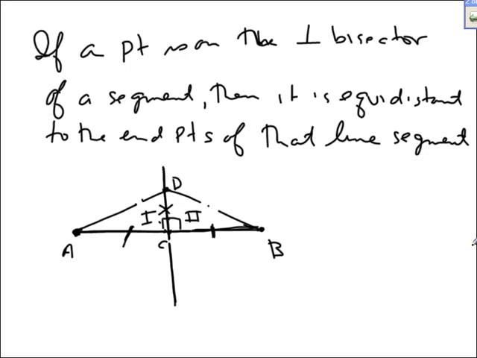So by side, angle, side, these 2 triangles are the same. So their corresponding parts must also be congruent. Okay, so that's our second theorem that you can use to prove things in this section. So let's go ahead, try to prove a couple of things.